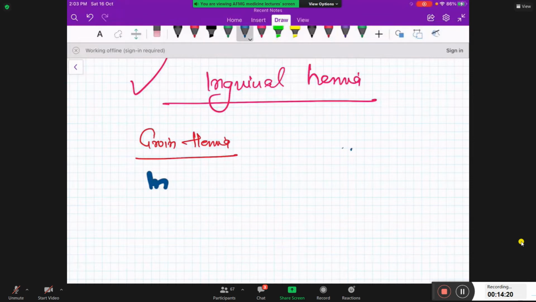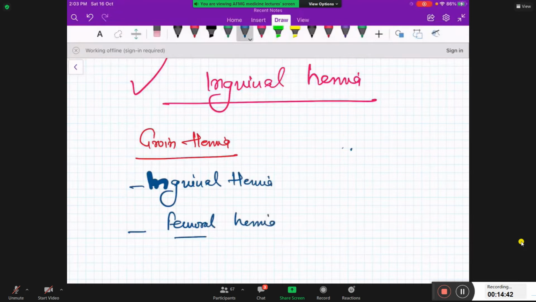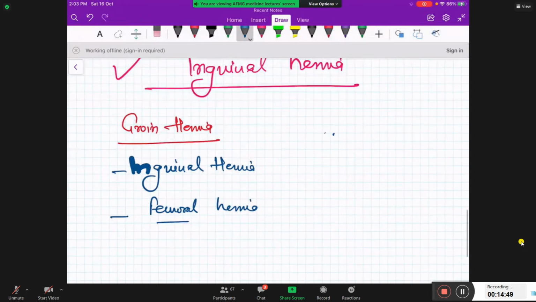Nation wants to know. Any other? Don't make hernias of your own. Femoral hernia. Inguinal hernia itself forms a scrotal hernia.